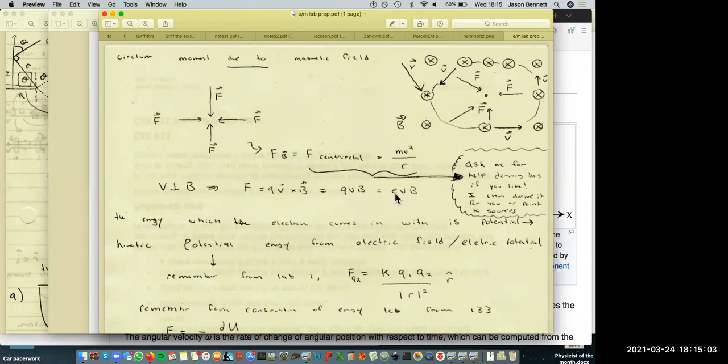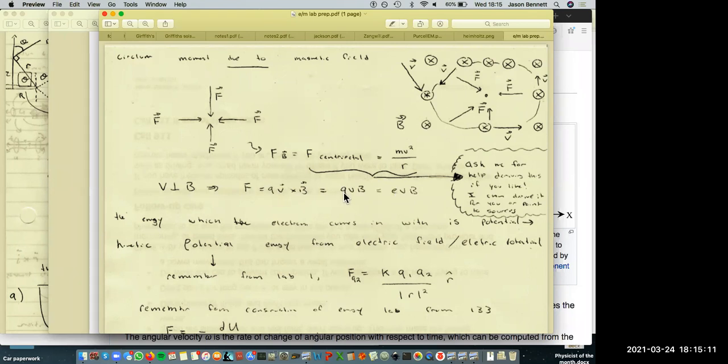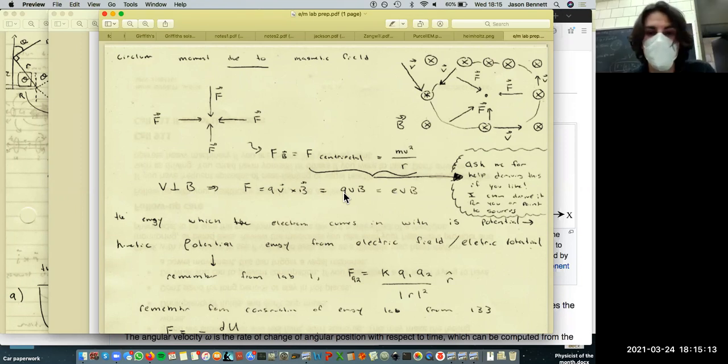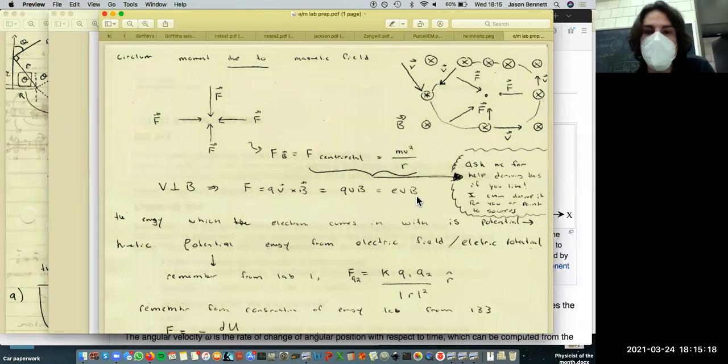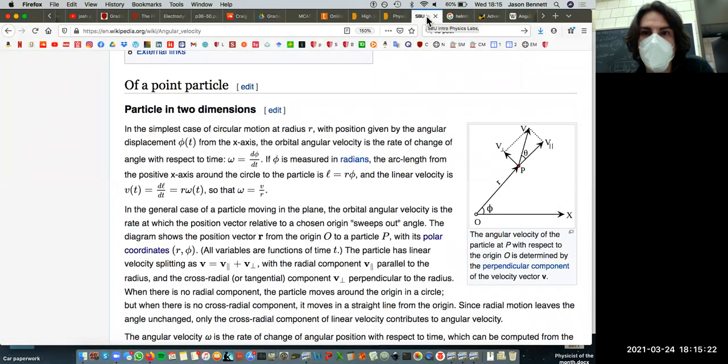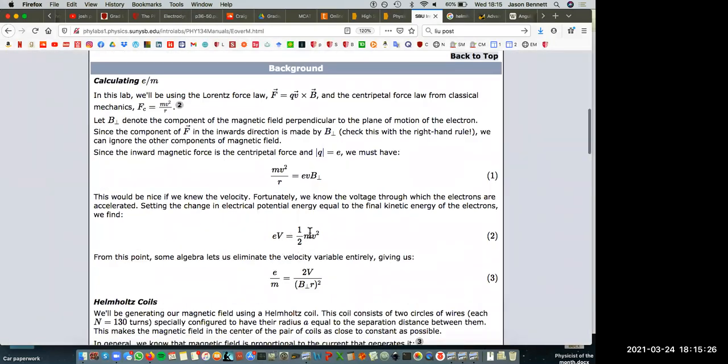And the thing I'm doing in jumping from this term to this term is just noticing that the particle that's moving is an electron, so e is the charge of the electron. We'll get to that in a second on the board to talk about what the point of this experiment is. And now we can talk about the next equation that they don't really supply, where this is coming from.